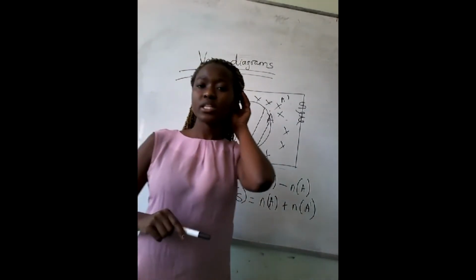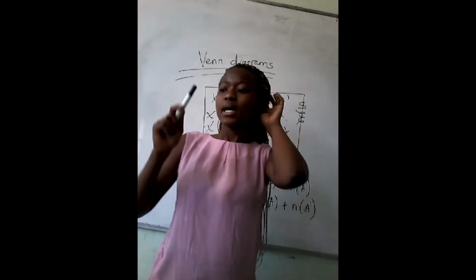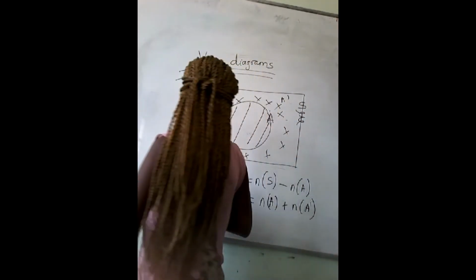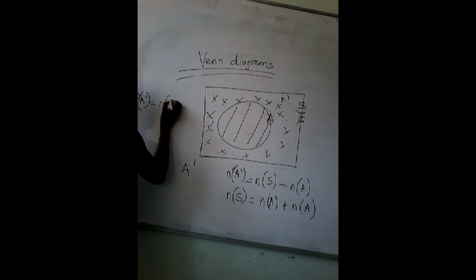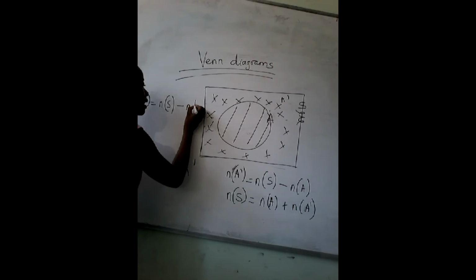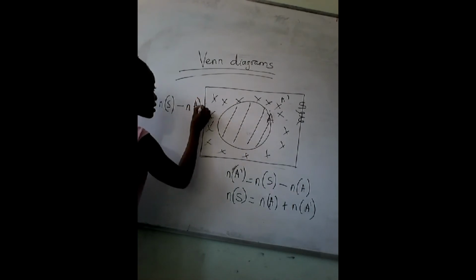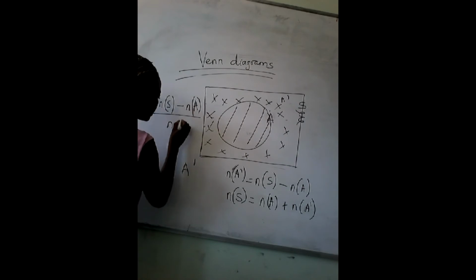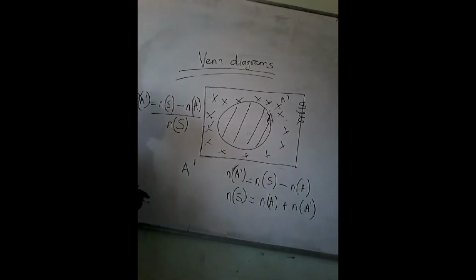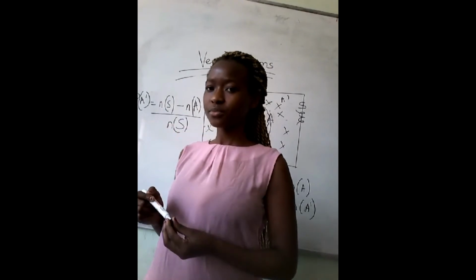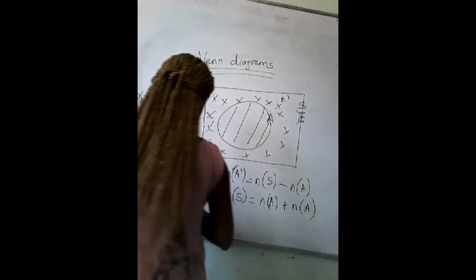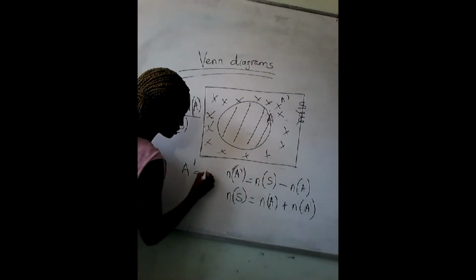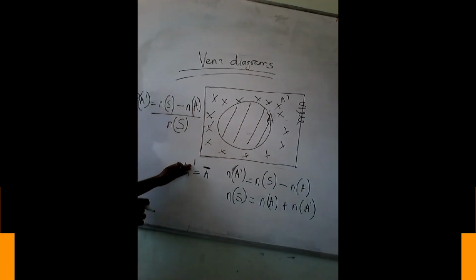So to obtain the probability of the complementary of A, we say probability of complementary A would be n(S) minus n(A) over the total n(S), right? So this will give us the complementary A. Note that sometimes A complementary can be written in other ways, but most of the time we just use this.